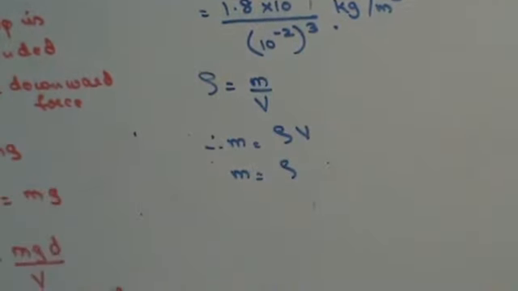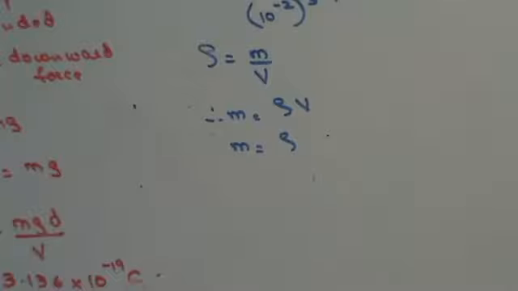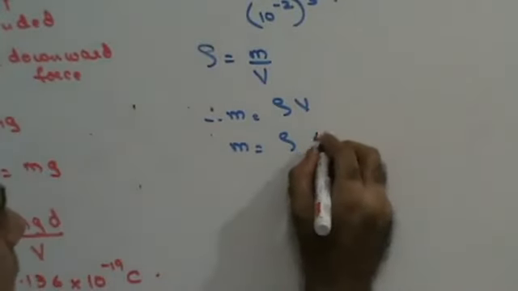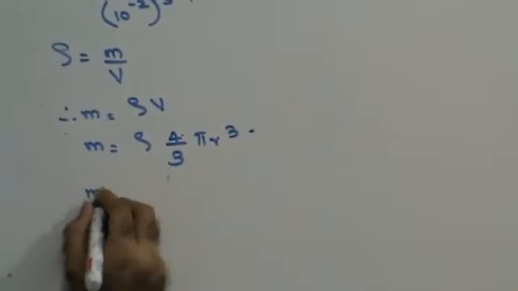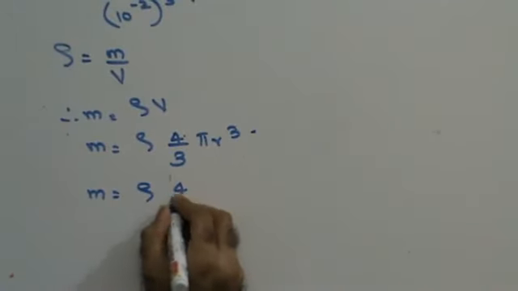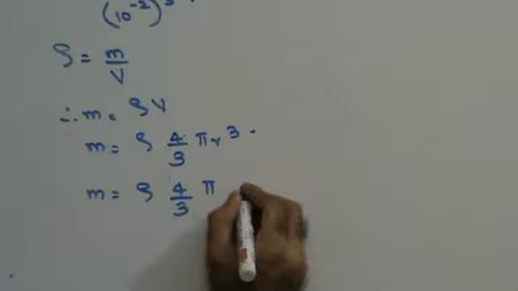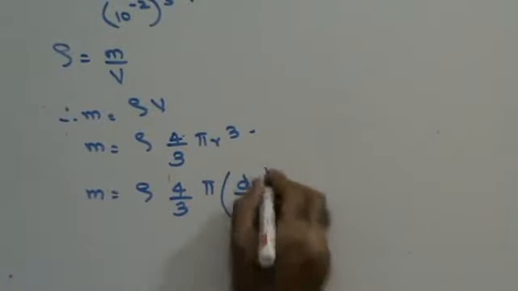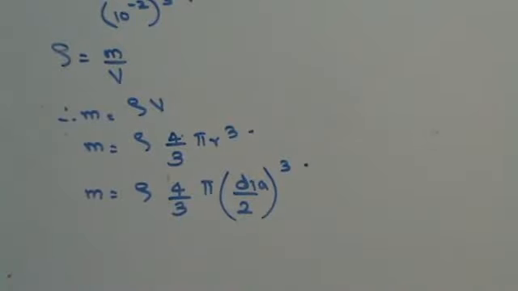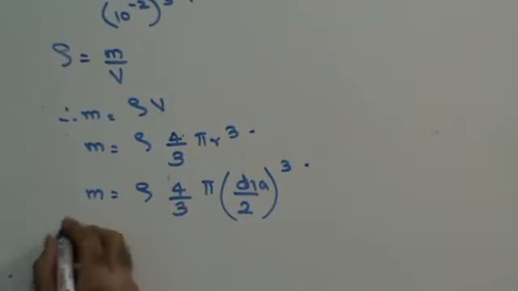The drop is spherical in shape. Volume of the sphere is 4 by 3 pi r cube. Mass is density 4 by 3 pi, radius can be written as diameter upon 2, the whole cube. So now I know the mass.